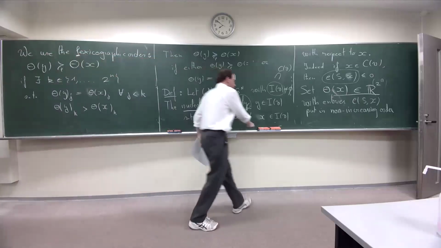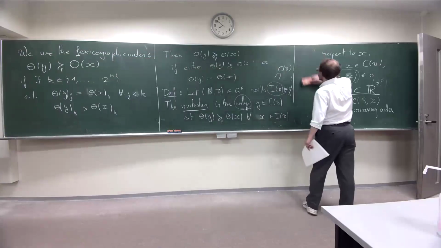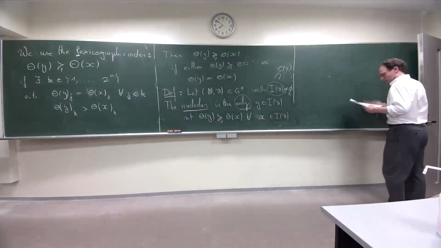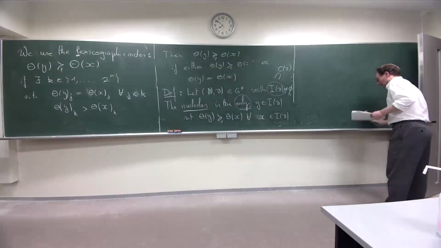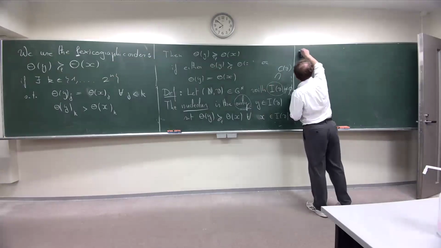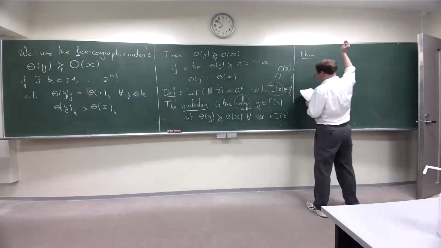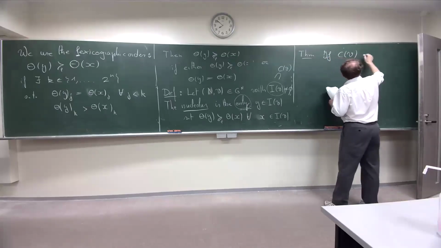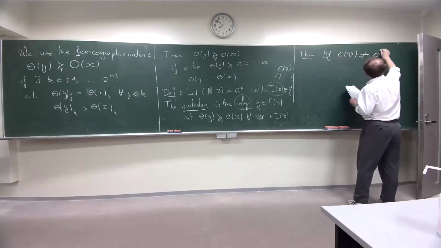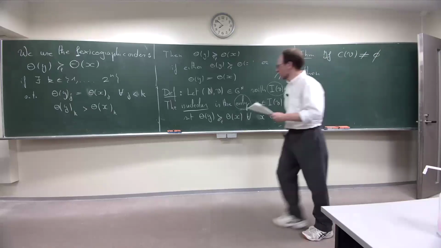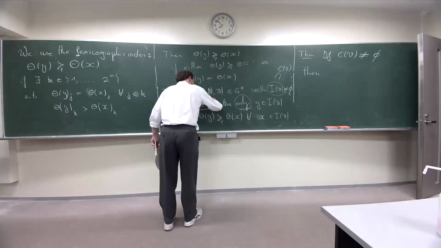And the main result in this setting I can state as a theorem or lemma, it doesn't matter. If the core is not empty, then, I should write a notation.